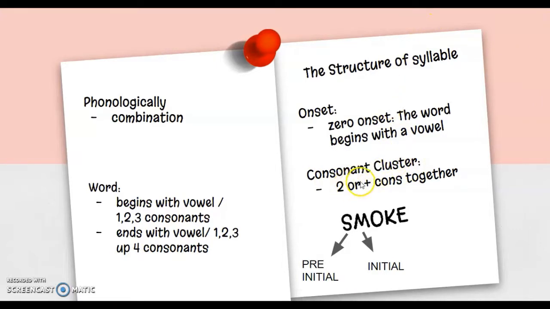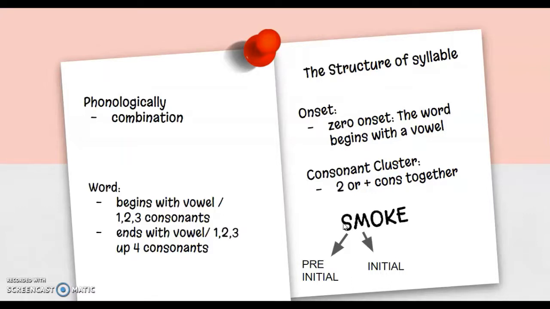Initial 2 consonant clusters are of 2 sorts in English. So when you have 2 consonants together in a cluster at the beginning, there are 2 different possibilities. The first one is composed always with the S sound, followed by one of the following consonants that I am going to say now: t, w, for example.